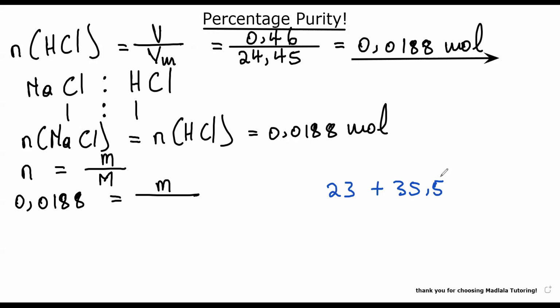So if we say 23 plus 35.5, well, you simply get 58.5. And so in order for you to find the mass, you just cross multiply. So you are simply going to find that your mass is 1.0998, which of course, if you take to 2 decimal places, you find that it's going to be 1.1 grams.